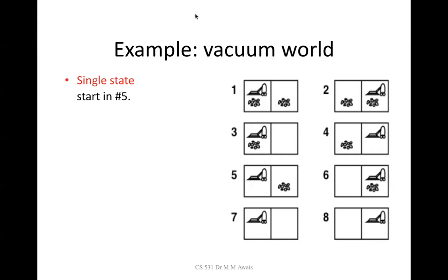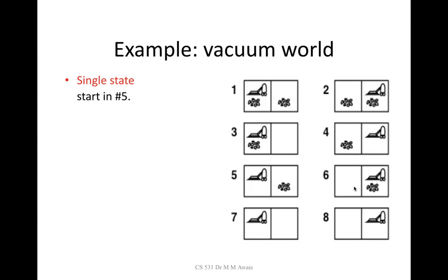But we are talking about this vacuum world problem where you have a robot and these two rooms, and these are the different states in which the robot could be. The robot could start in any of these states. If the robot is able to perceive the information and act upon it, that would mean it identifies which of these 8 states it is present in.